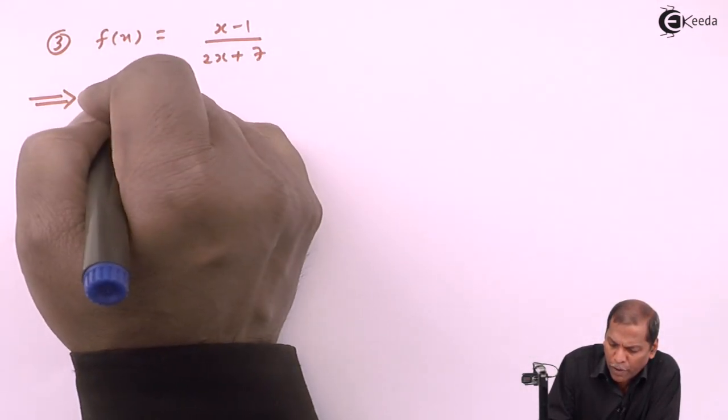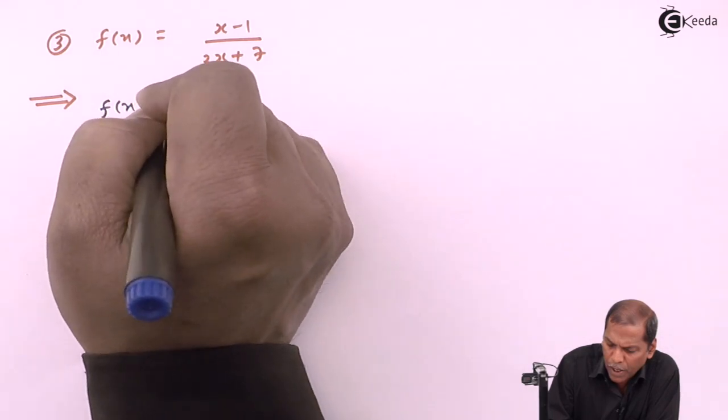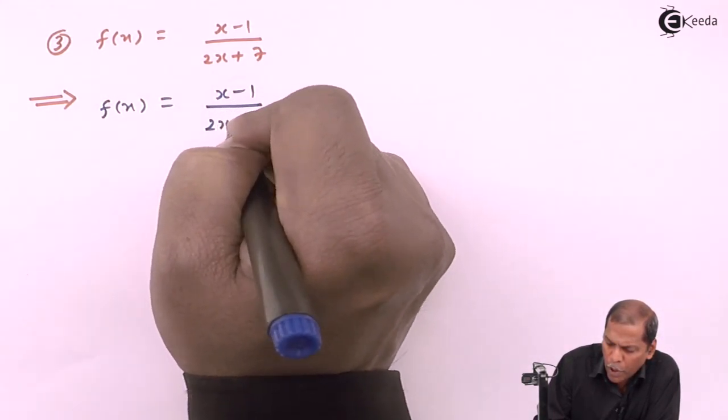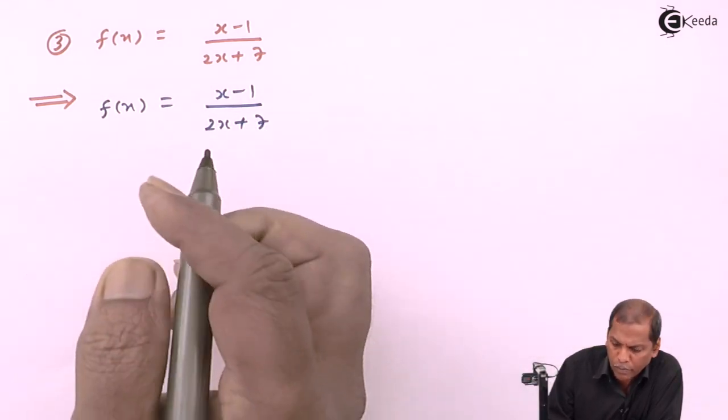First of all, we start with f(x) = (x - 1)/(2x + 7).